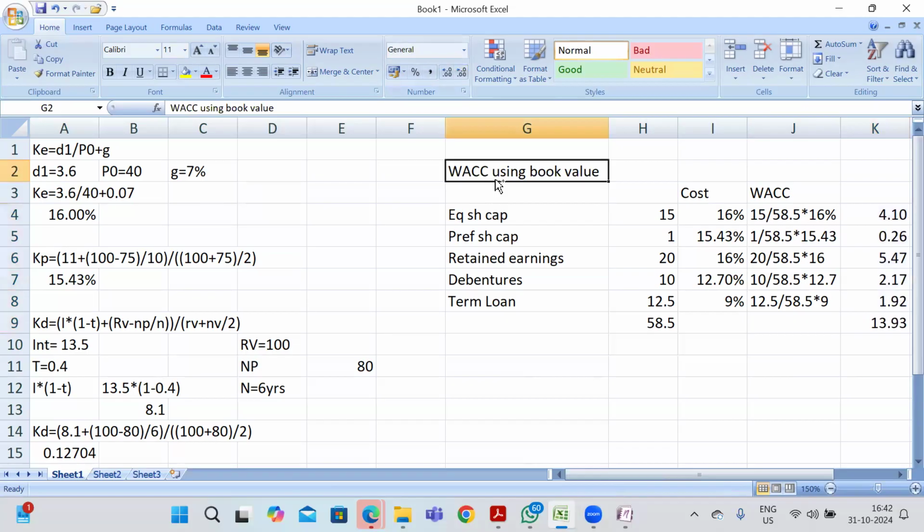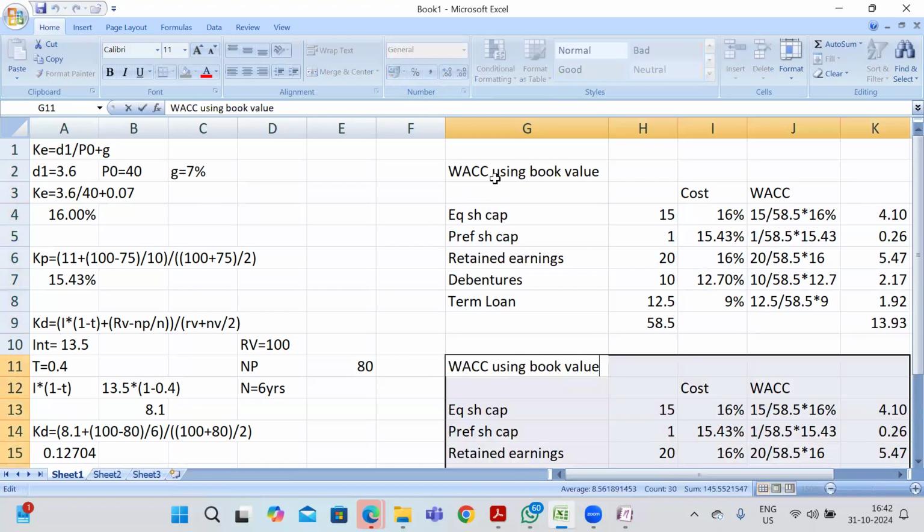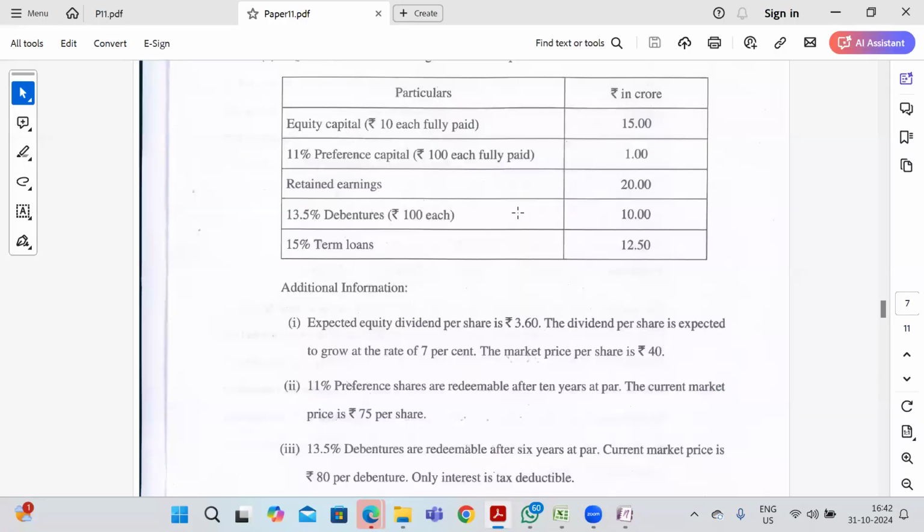Now I want to calculate WACC using market value. So the entire process I'm going to repeat using market value. For equity share capital, what is the market value? Per share, it costs around 40 rupees, right?